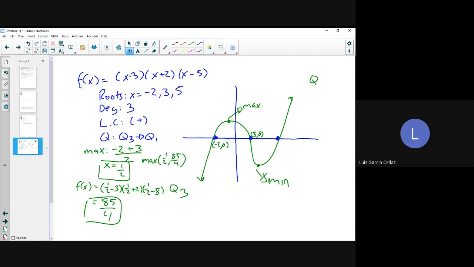So that would be your max point. 85 over 4 is 21.25, so it's going to be somewhere over here.